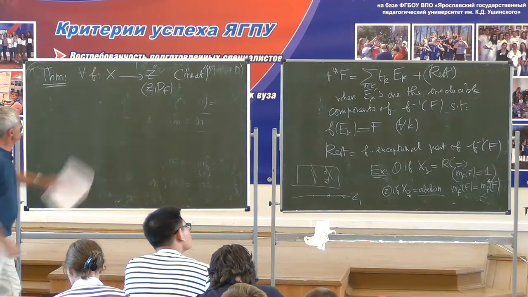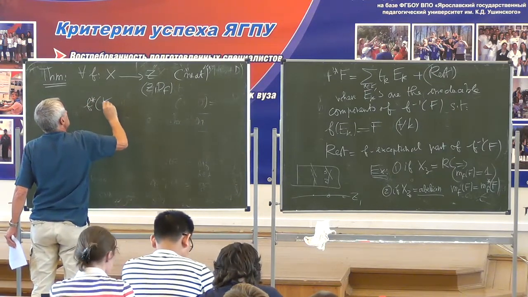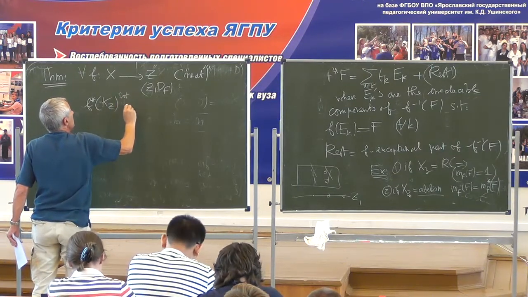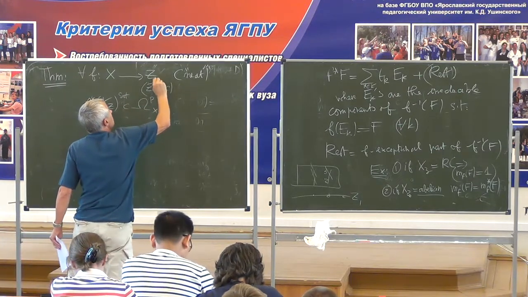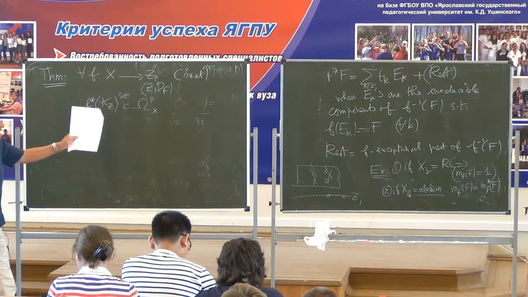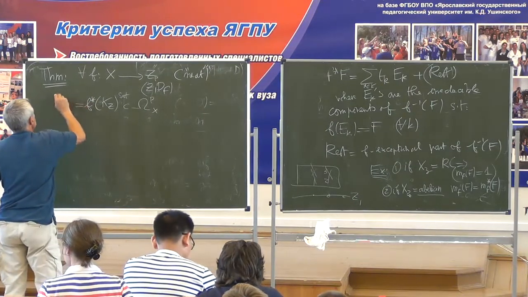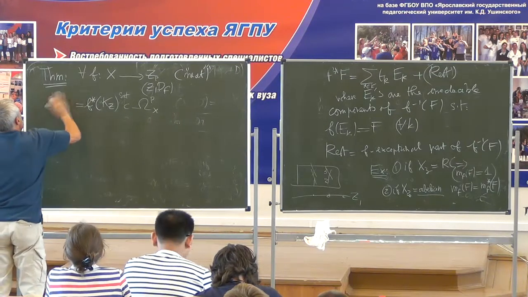And now we have also F star of KZ, and let me take the saturation. This is inside of omega p of X, if p is the dimension of Z. So I have this thing, and let me call this L_F here.